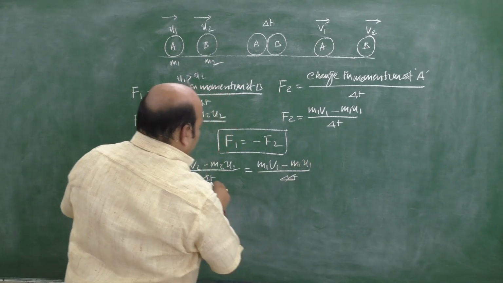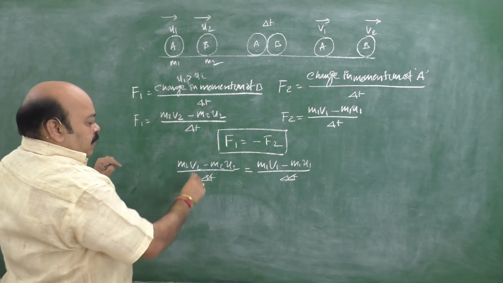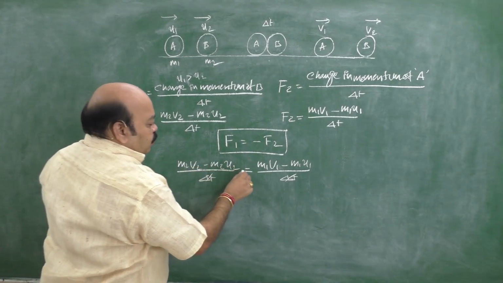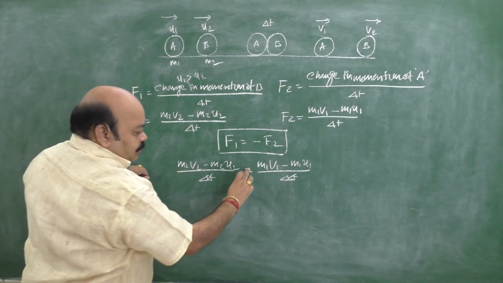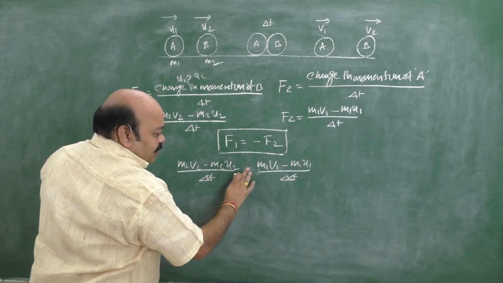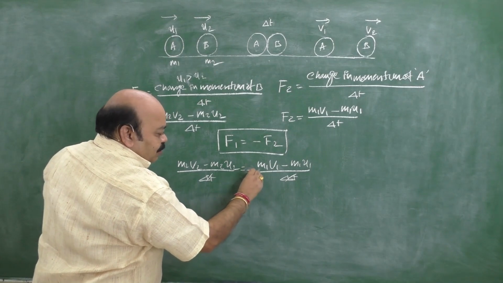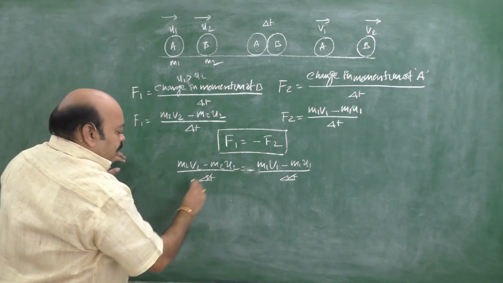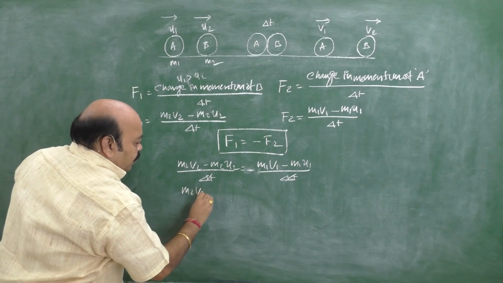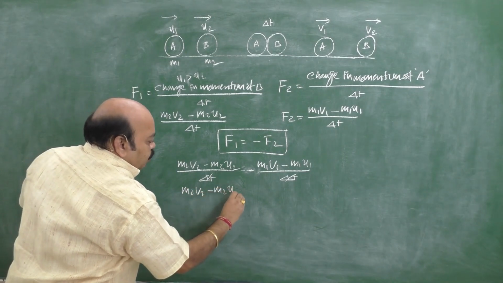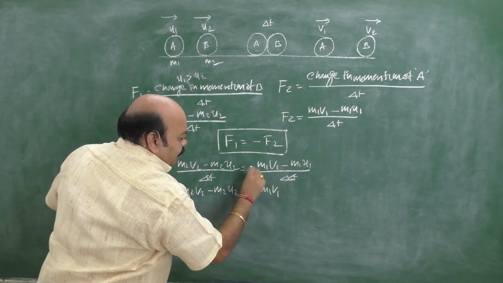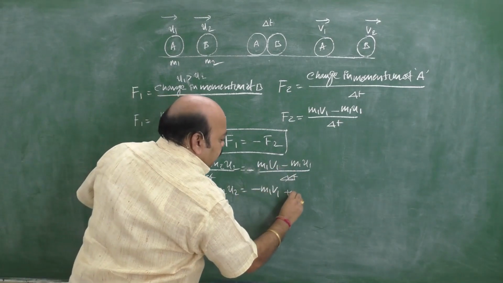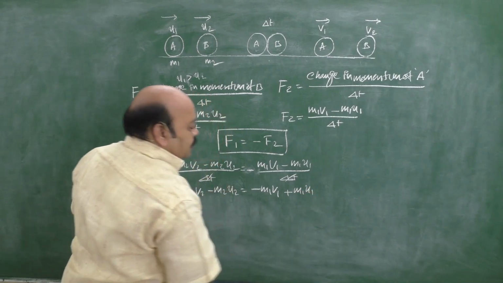Now this delta t gets cancelled. Here we have to apply the negative sign also. Then we have m2 v2 minus m2 u2 is equal to minus m1 v1 minus of minus, this becomes plus m1 u1.